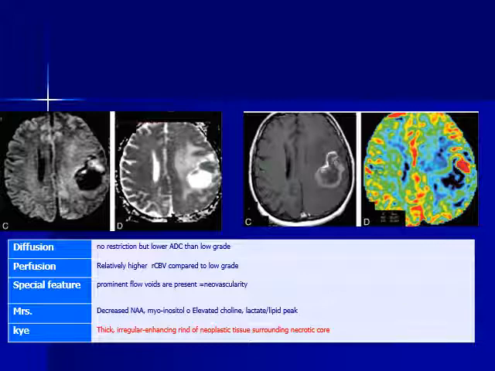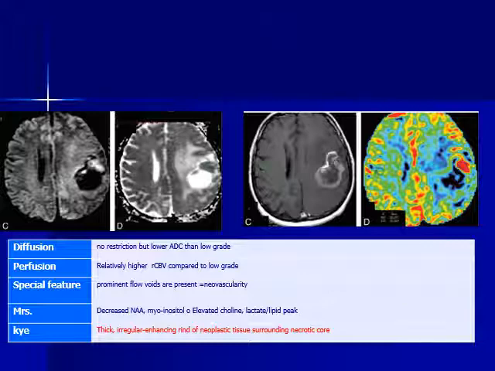So these are the tools in our hands if we are confused whether this is an abscess or glioblastoma multiforme. We use perfusion-weighted imaging and diffusion-weighted imaging to differentiate abscess from glioblastoma multiforme.